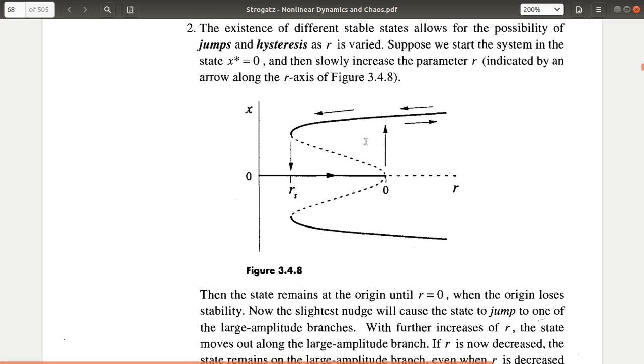You will achieve this state only if you reduce further, and if you reduce below this RS value, only then there will be another jump, which takes you to X equal to 0. And this sort of behavior is known as hysteresis behavior.